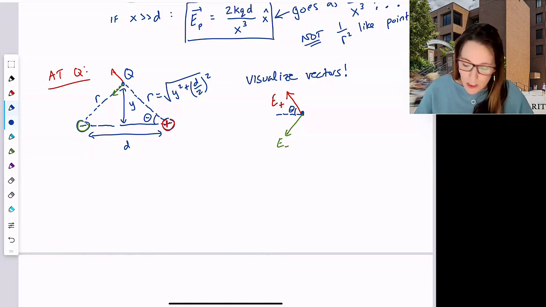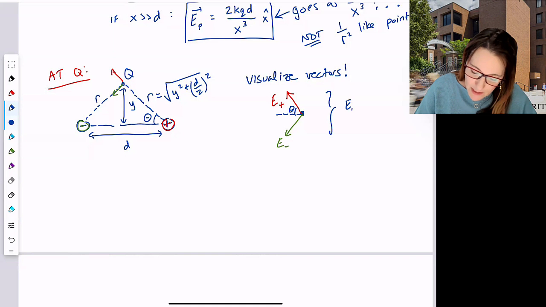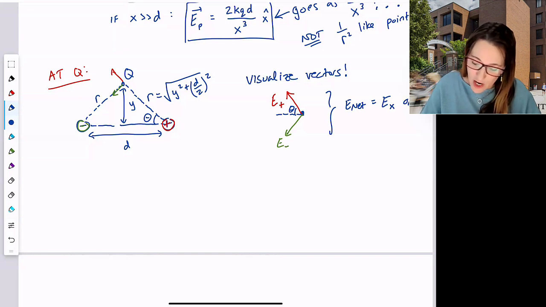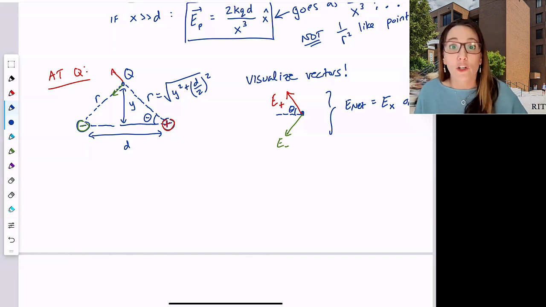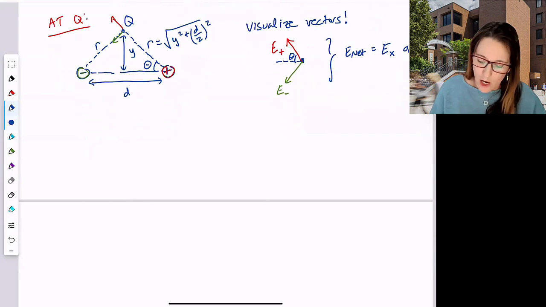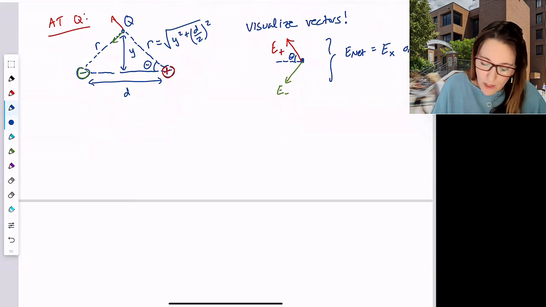What we can see from this is that my net electric field is actually going to be in the x direction, right? So I don't have to worry about any of the other components, and I can just add up my x components. What I want to do now is find the magnitudes of the vectors.